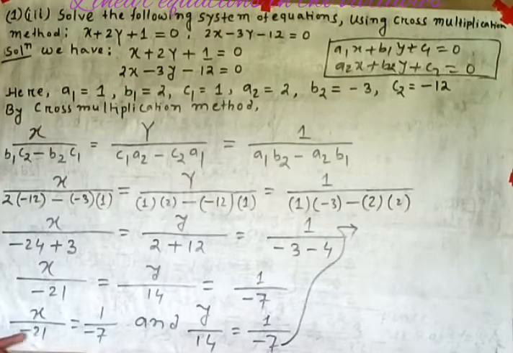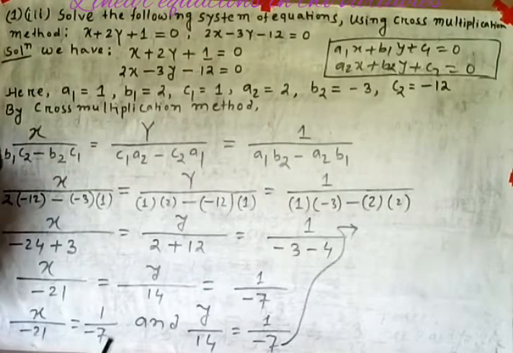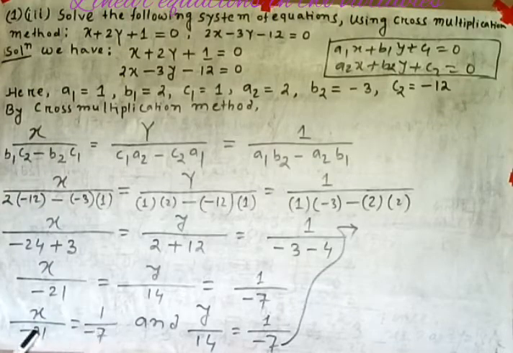So x divided by -21 and -7. Both denominators have a minus symbol, so we can ignore the minus. Then we have 21 and 7, both in the denominator.